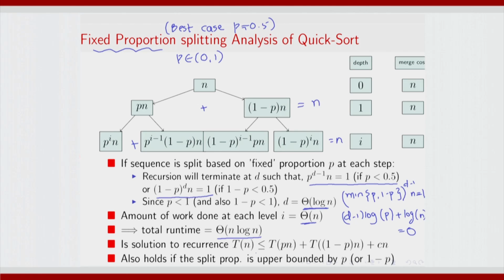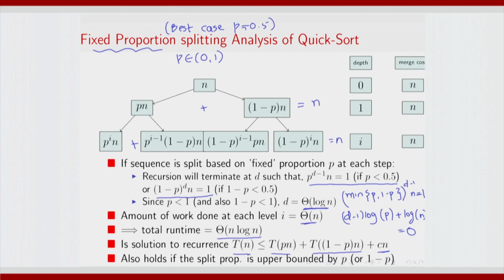Alternatively, one could also solve the recurrence equation. The time required at n is basically upper bounded by the time required for the two partitions, T of pn and T of (1 minus p)n, plus a constant merge time cn, and by the master theorem you could show that this would mean order of n log n.